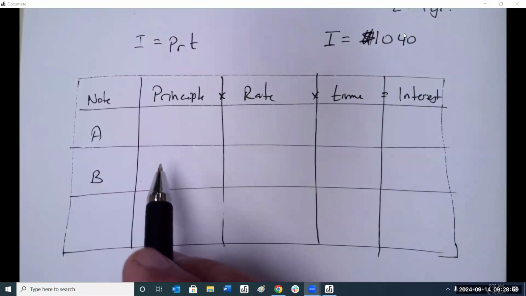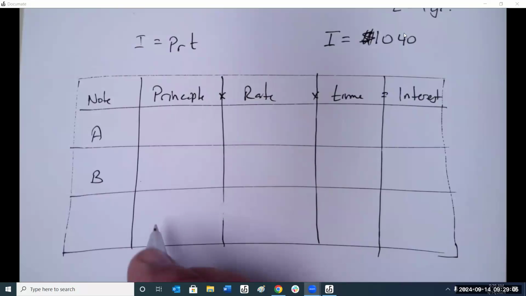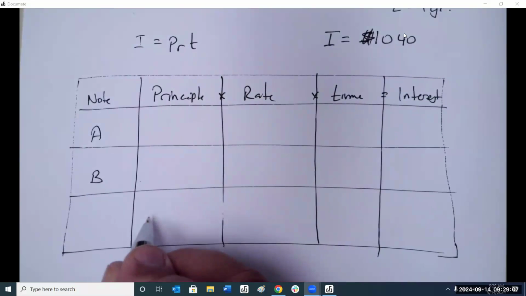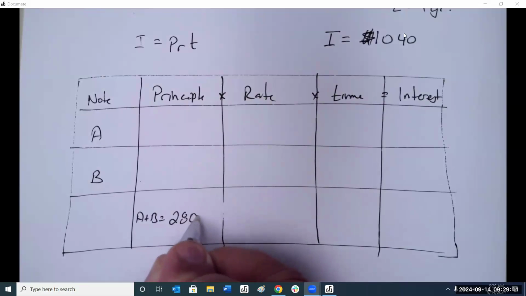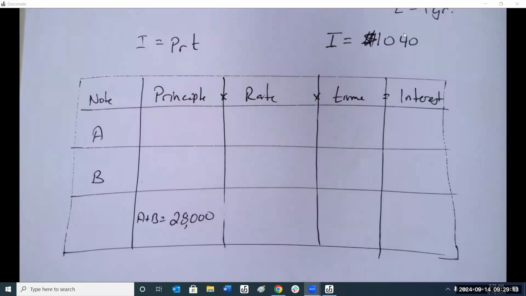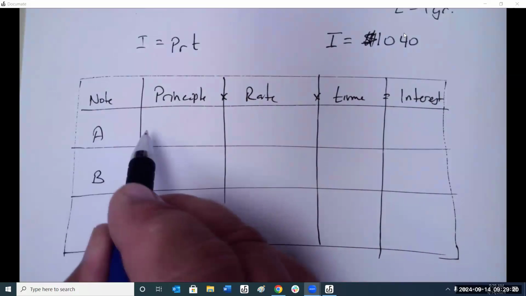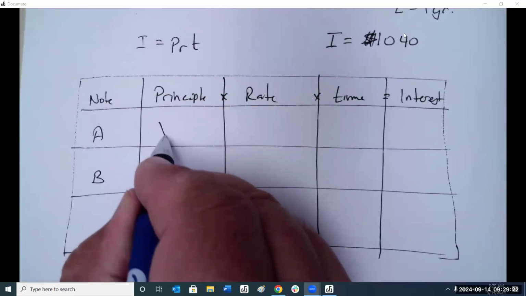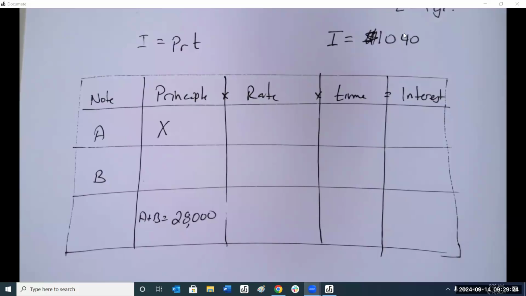Do we know the principal? But we know the whole thing. Yeah, so we know the whole thing, A plus B, has to equal $28,000. Since we don't know anything about A and B, we can assume something. The amount that A borrows, let's call it X. It could be anything.